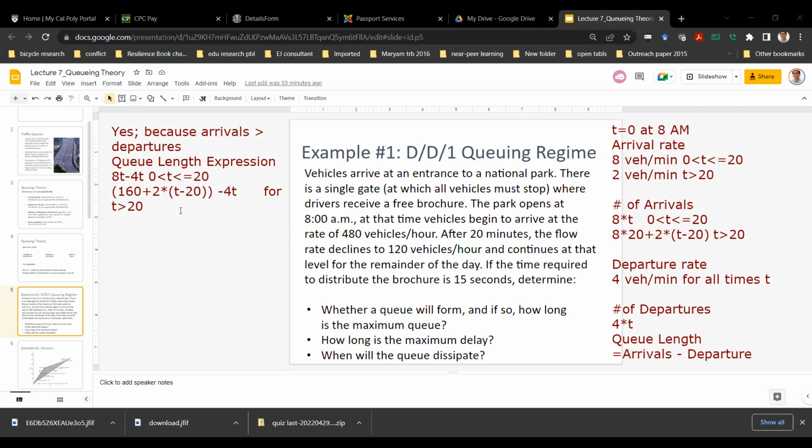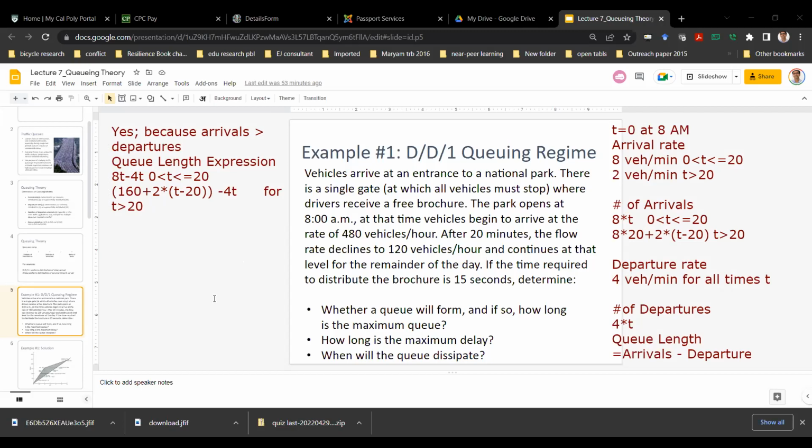What would happen is that initially the queue will be building up. But when the arrival rate goes down to 2 times t, or 2 vehicles per minute, then the slope of the arrival curve will change. And then the departure curve will be going at the same time. So then you will be able to derive what is your maximum queue length.